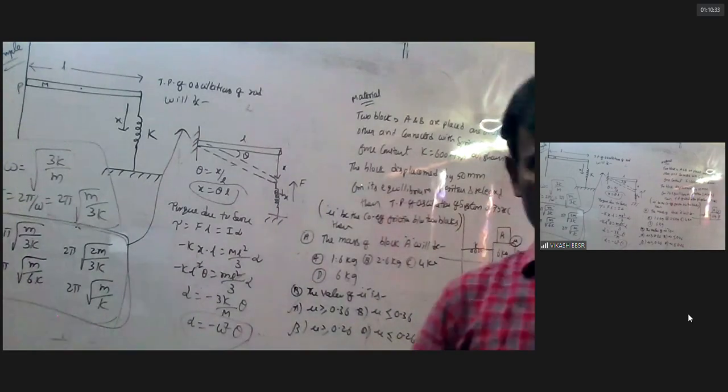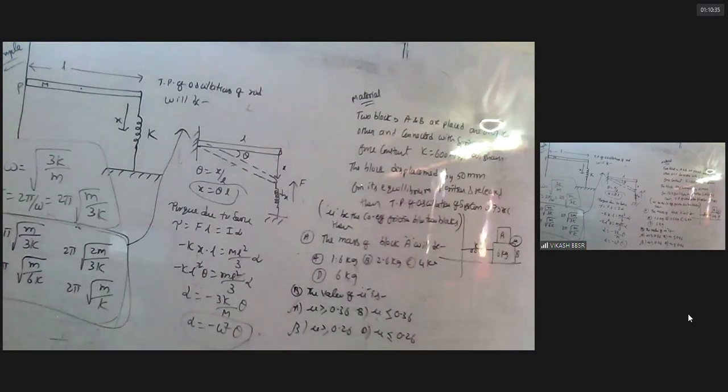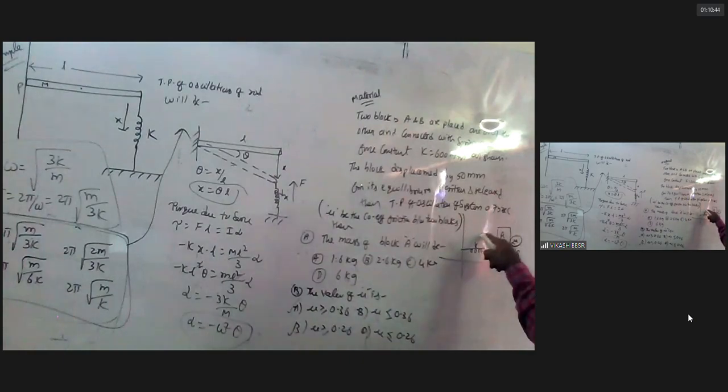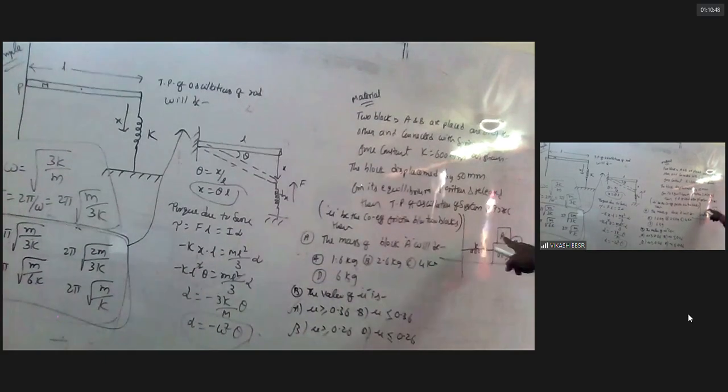Is it required more or less? Just share the answer with me now. When it tends to oscillate, what type of force is acting on it towards the center? On block A, what type of force?